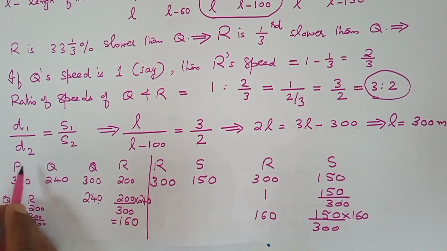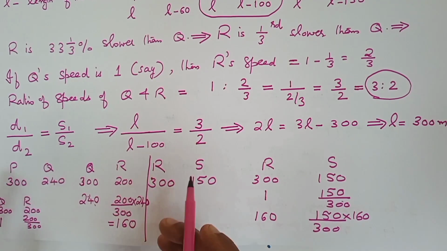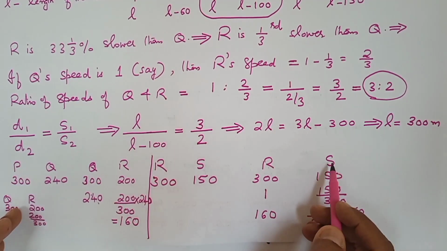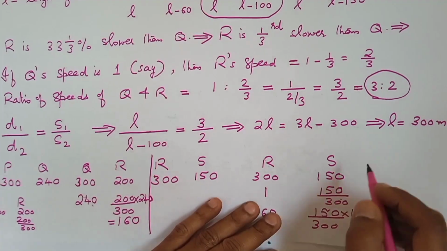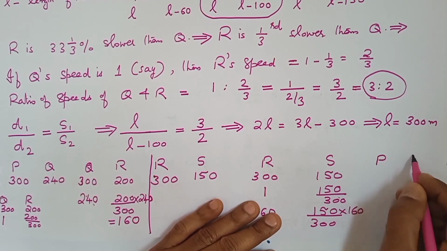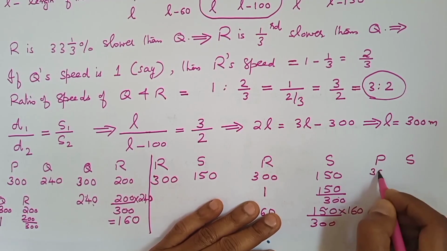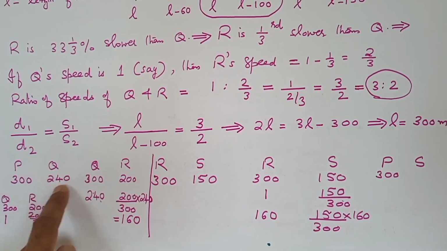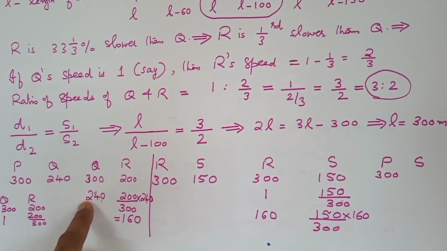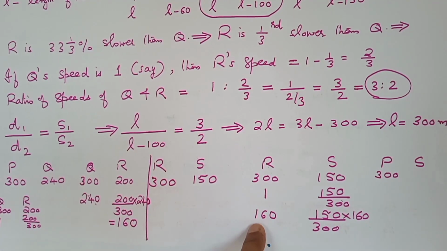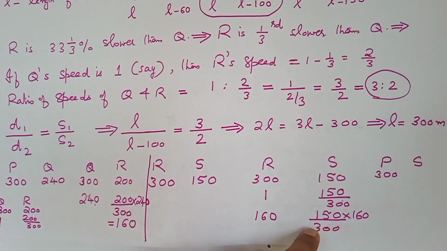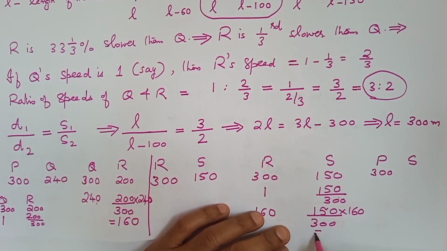So I'm going through this chain and we are trying to link P to S. Now look at this. Let me write P and S here. Now P covers 300, Q covers 240, and when Q covers 240, R covers 160, and when R covers 160, S covers so much. This on simplification you get 80.